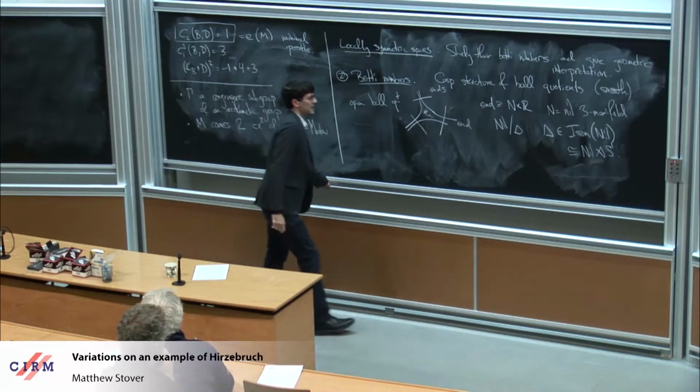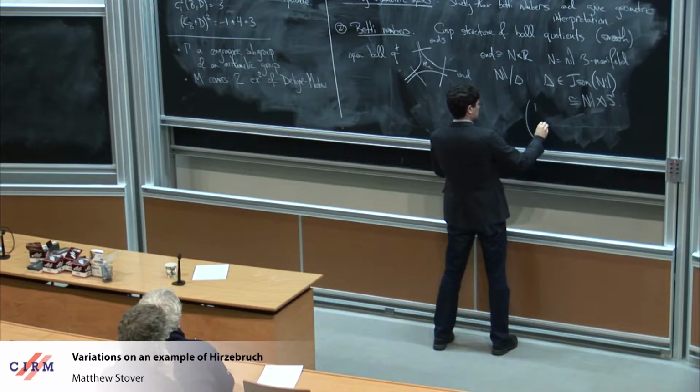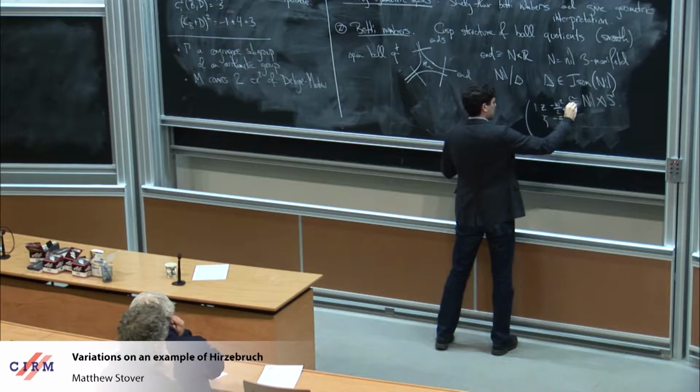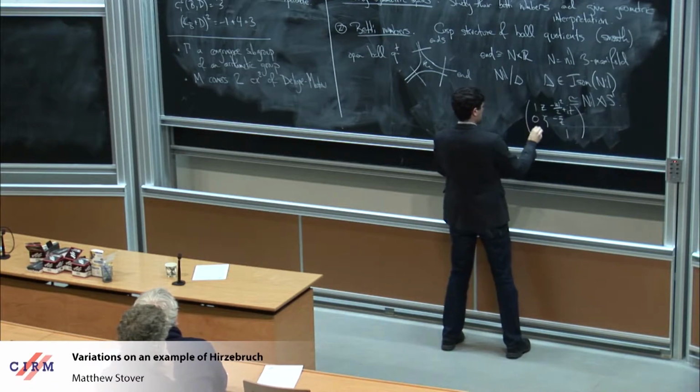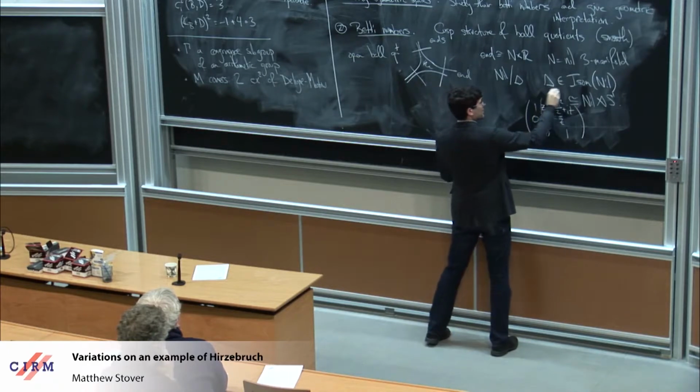And the point is, when you realize this as the Heisenberg group, you end up with things that look like 1, z minus z bar, minus z squared over 2 plus. So this is the classic realization of this, and this is the S1 factor.